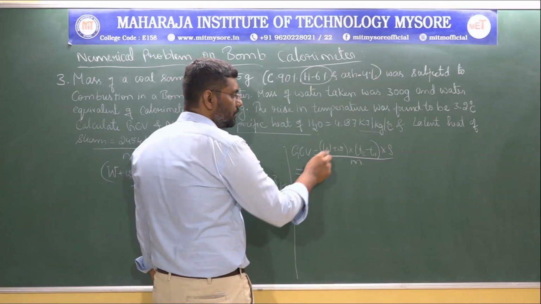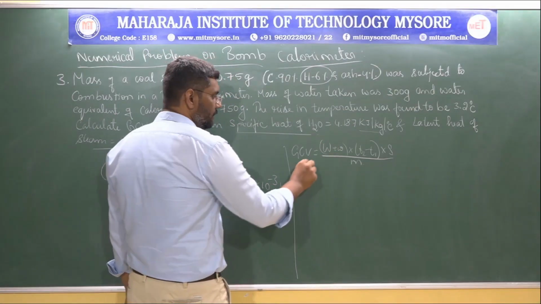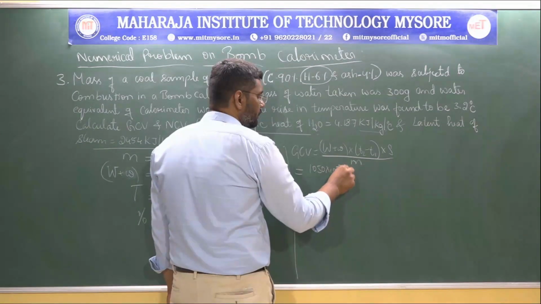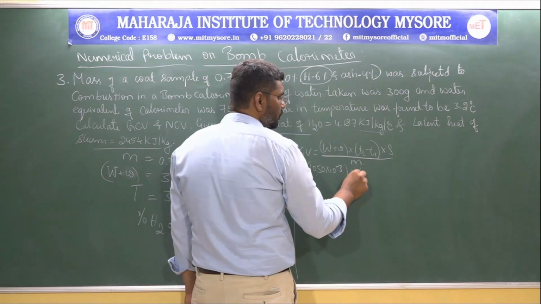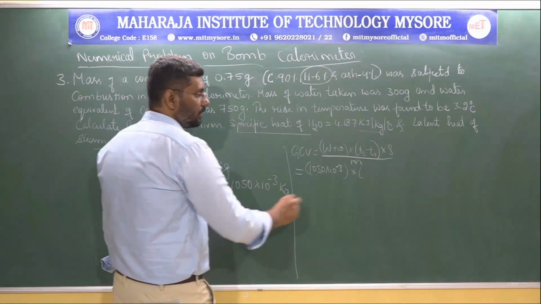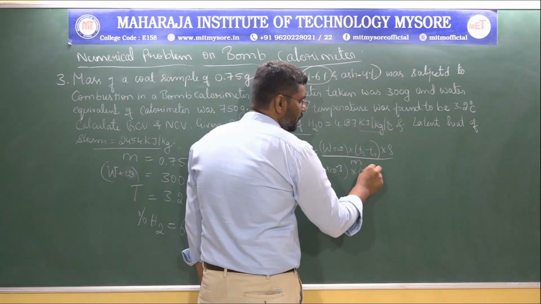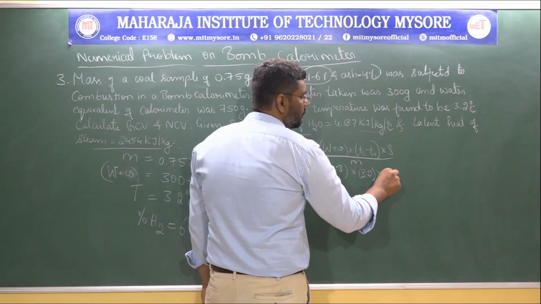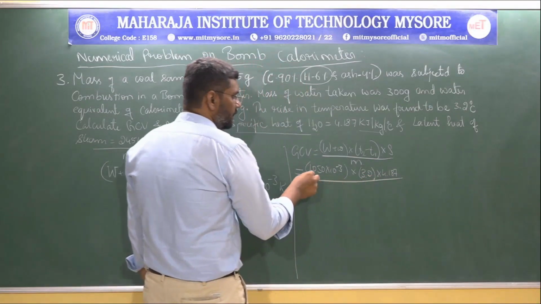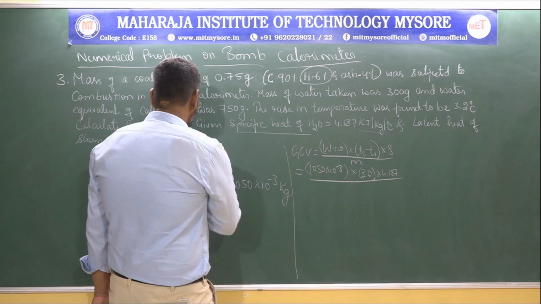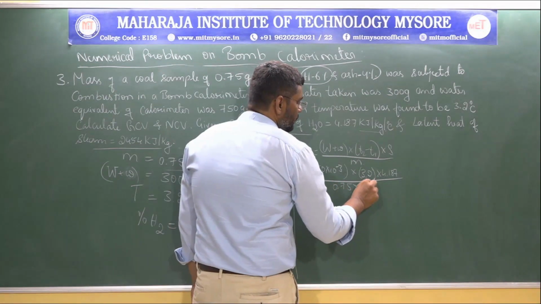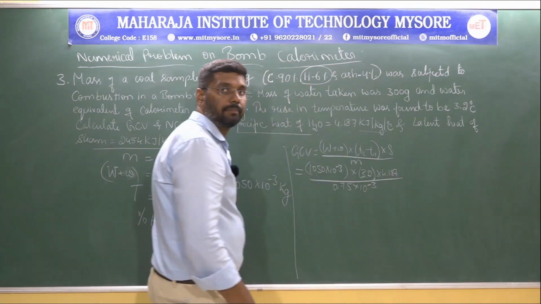When you put in these values: 1050 into 10 raised to minus 3 kilogram, into the rise in temperature 3.2 degrees centigrade, into the specific heat 4.187, divided by the mass, which he has given as 0.75 into 10 raised to minus 3 kilogram.